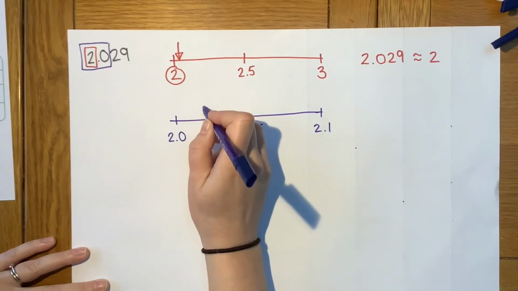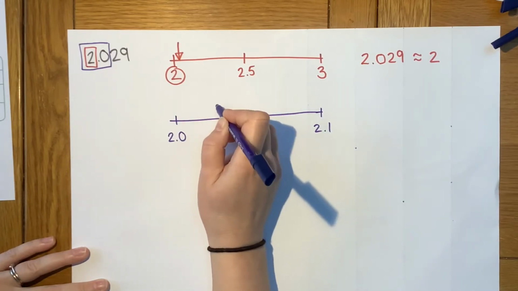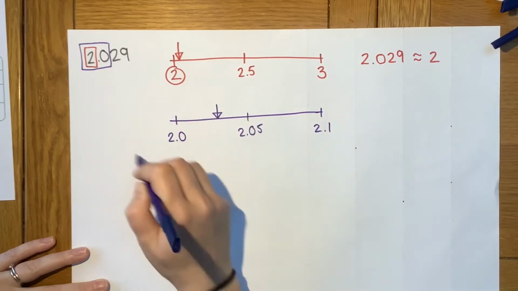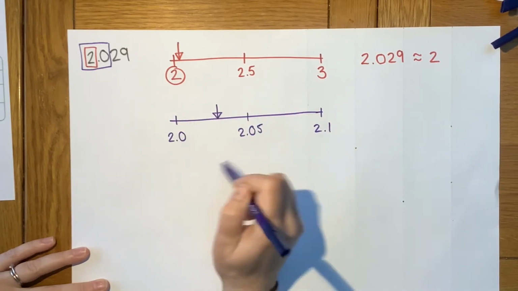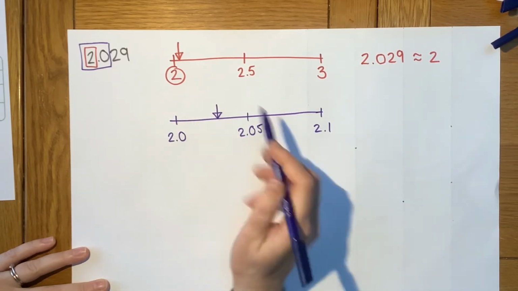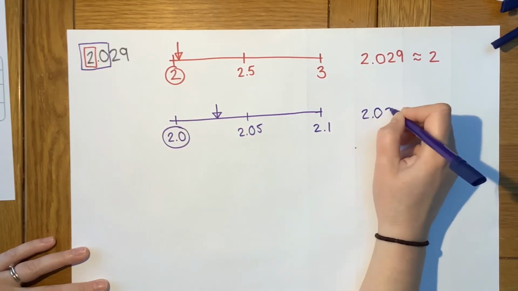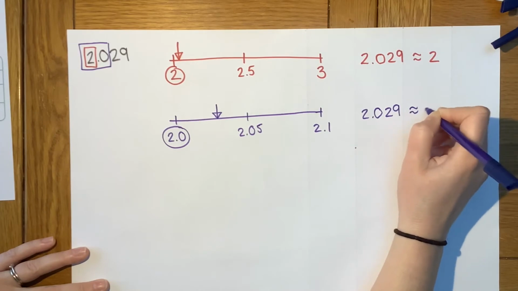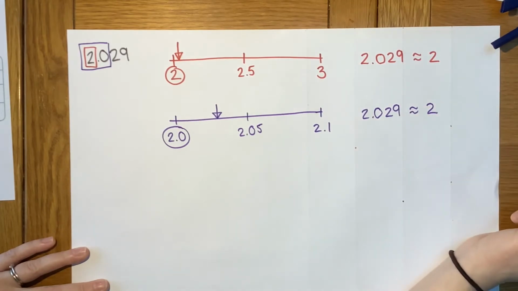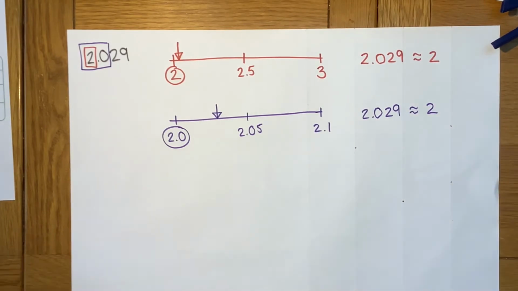This is 5 hundredths. It's going to be about here. Don't worry too much about exactly where it is, as long as you've got a good idea so you can work out which it's closest to. So in this case, we're rounding to the nearest tenth, but the answer is the same. It's still rounding to 2 or 2.0.